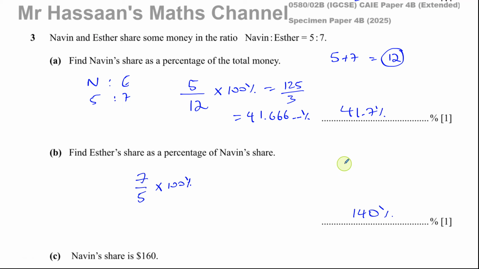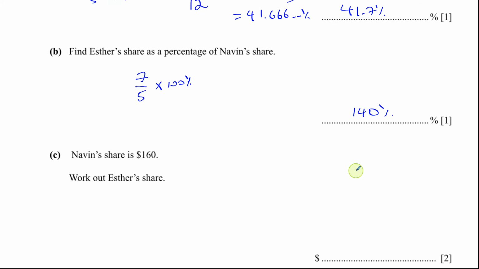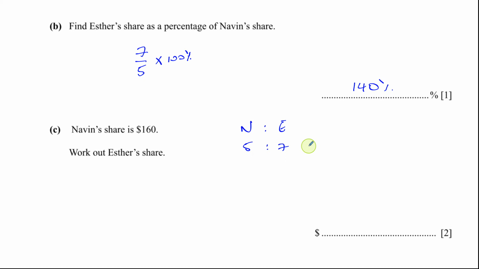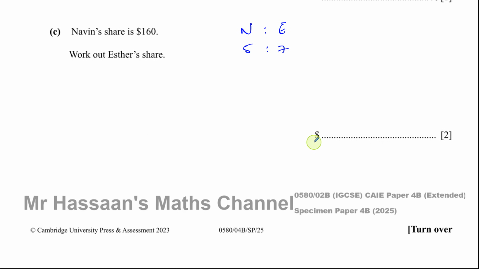Then it says Navin's share is $160. Work out Esther's share. So we have Navin to Esther, 5:7. And we have to now work out Esther's share if Navin's share is 160. I like to set it up in a nice way.